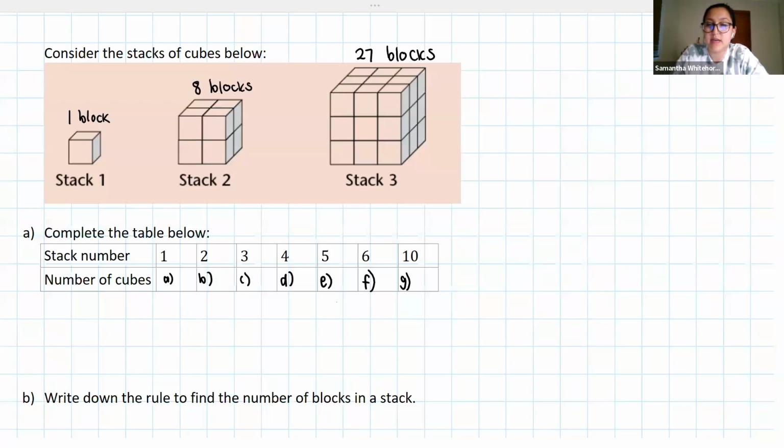I've basically done A, B, and C for you already. In order for you to get D, E, and F, you do need to know what the pattern is, but hopefully something from Monday's lesson will come about in our heads and spring something in there. Let's see what we get.